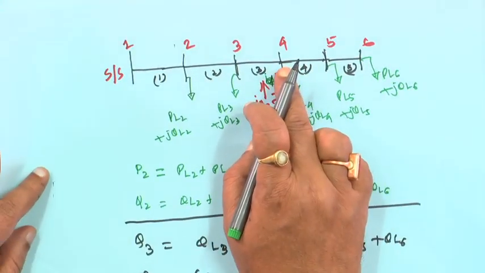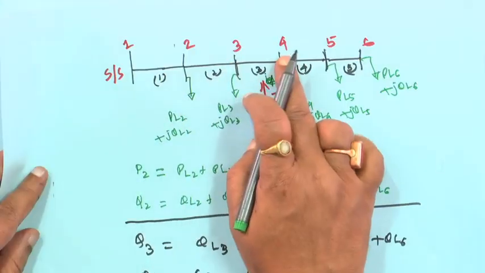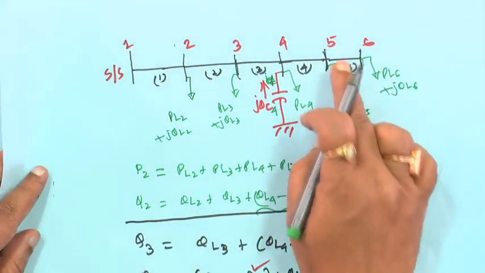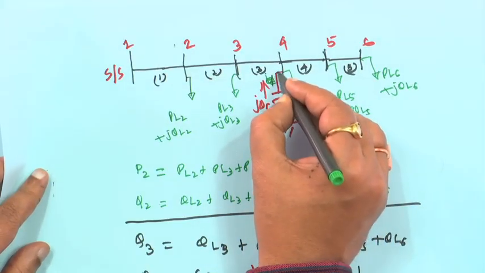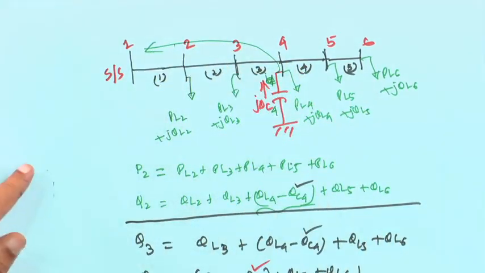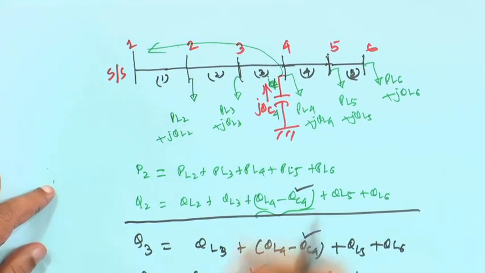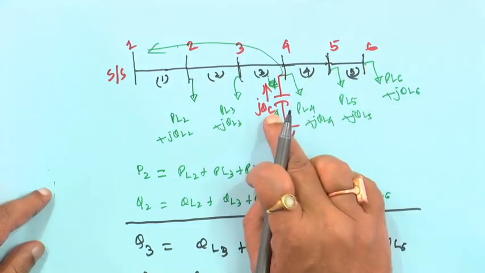From the connected node, this capacitive current flows towards the source side, and on the other side there is no effect. So this is the basic philosophy: the side of nodes 5 and 6 is not affected by this capacitor.